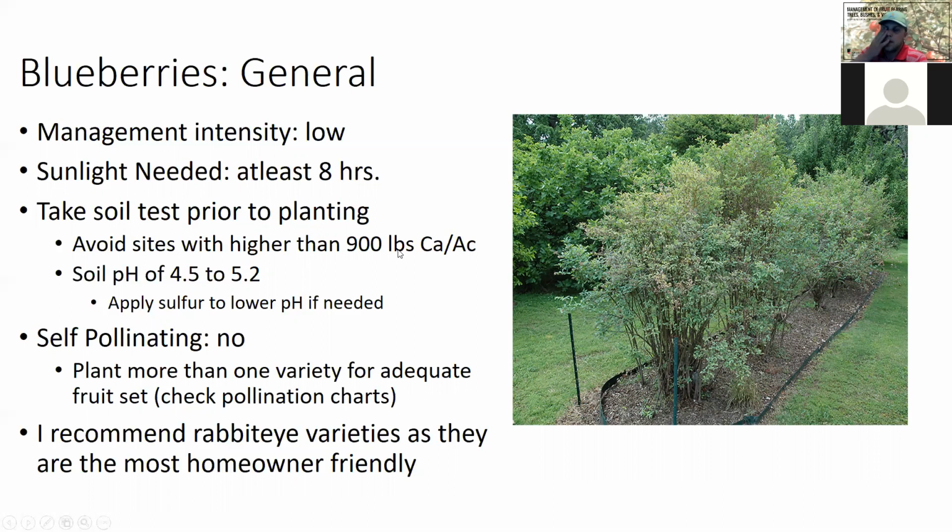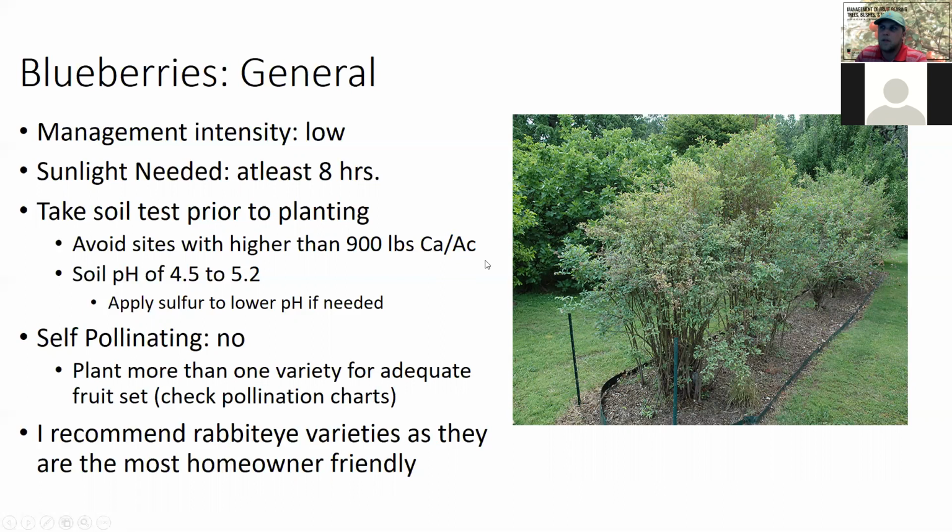Calcium can cause issues with the absorption of other nutrients such as potassium, and phosphorus somewhat as well, at these high levels. Typically these aren't an issue in the Piedmont unless it's in an area that's been heavily limed in the past. Maybe an old garden site.